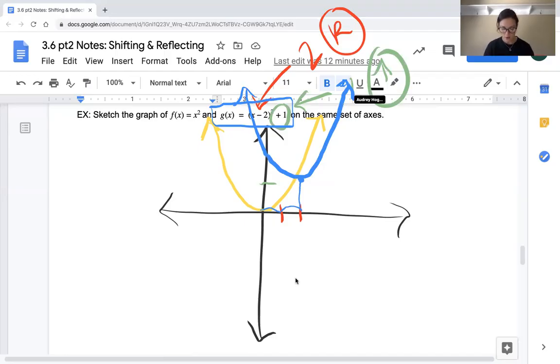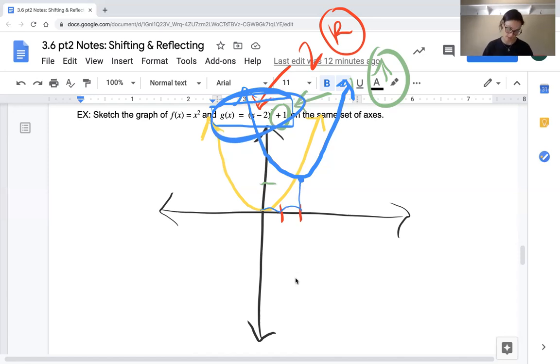And again, the homework problems are mainly identifying which graph, like they would give you this g of x and then you'd have to pick from a bunch of graphs which one is the correct one. So as long as you understand the transformations, then you're good, and your graphs don't have to be super exact.